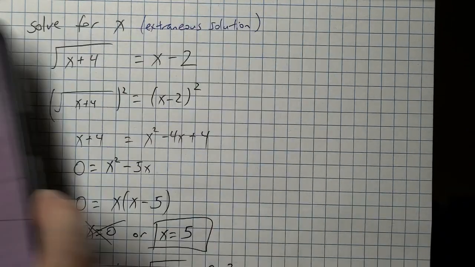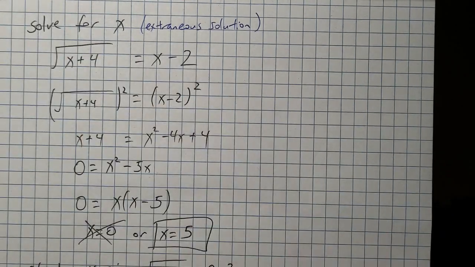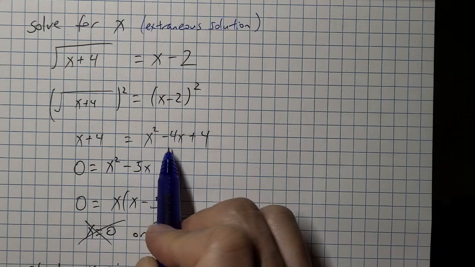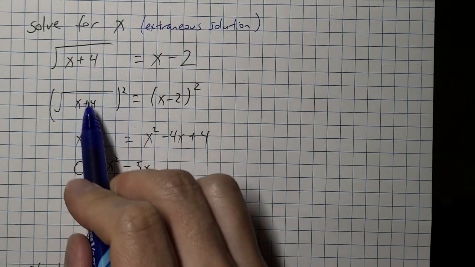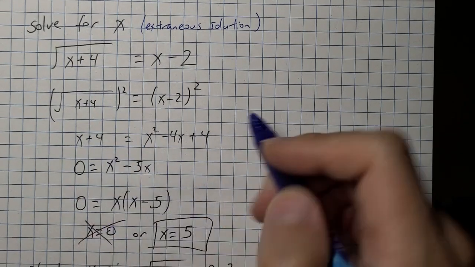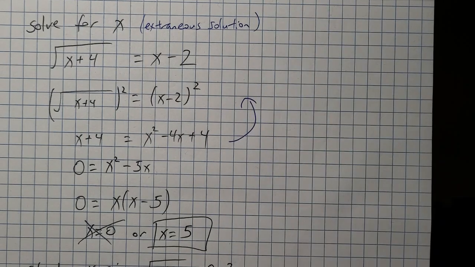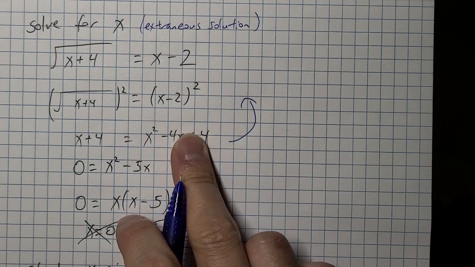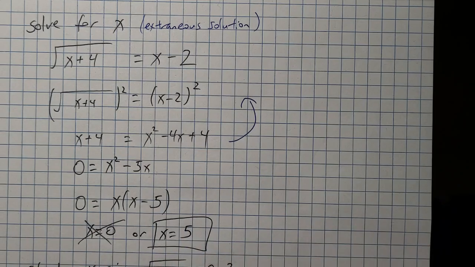So here's what's happening. Okay, let's go back to here. We squared both sides, did we not, over here? So what happens if we want to go back in the other direction? When you take the square root of an unknown, we have plus or minus, do we not?